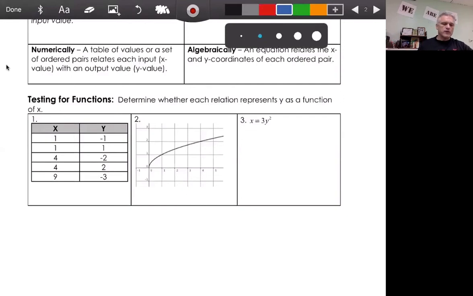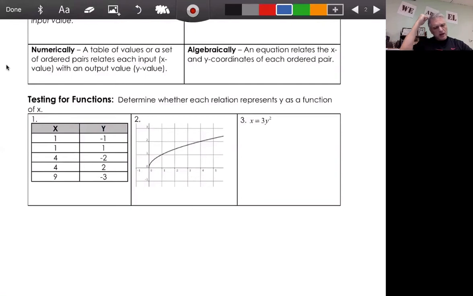First we have the table. That's a numerical representation of a relation. So we're going to see if x is 9, what is y? How many answers? You give me one answer, y is -3. If x is 1, what is y?